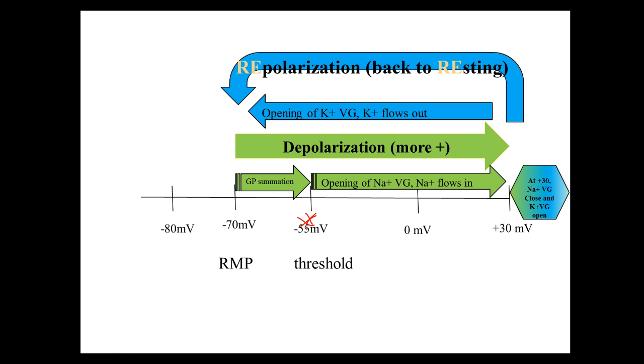To do this, those potassium voltage gates open, and the potassium will flow out. Now, you'll notice I still have spots over here from -70 to -80, which is past resting. This is because usually we actually go into hyperpolarization, which means we're getting more negative.